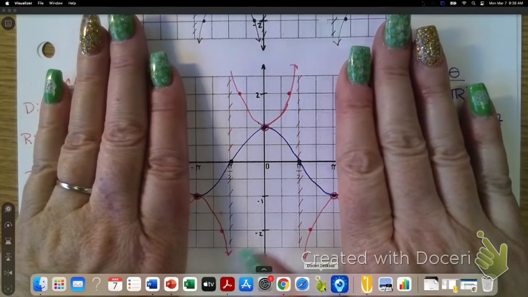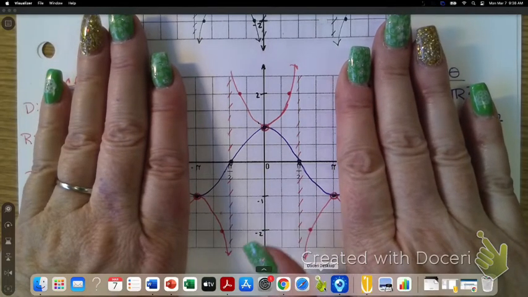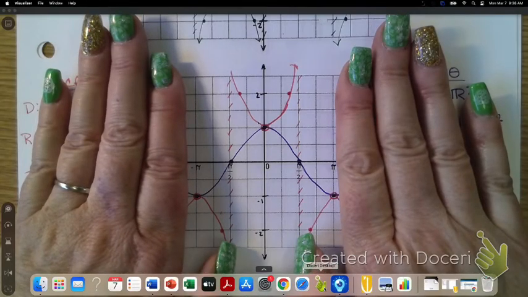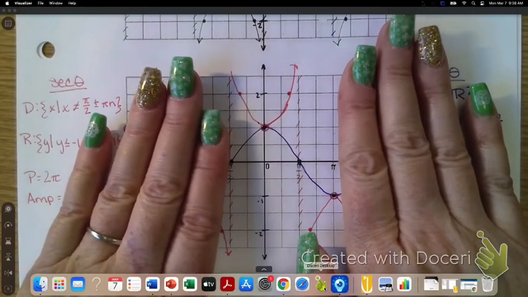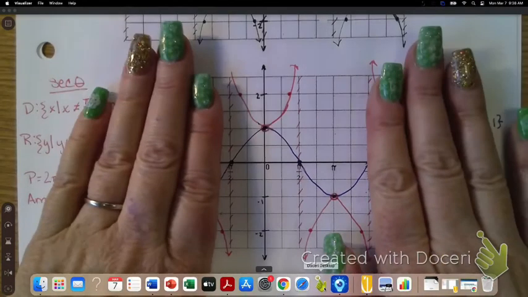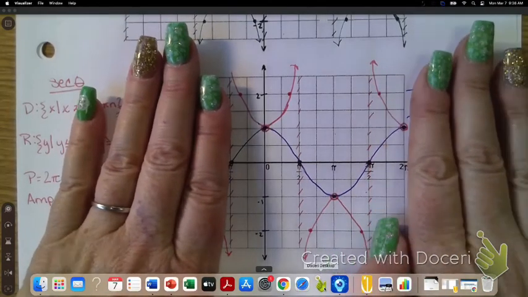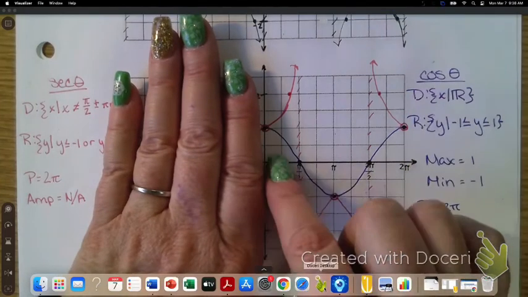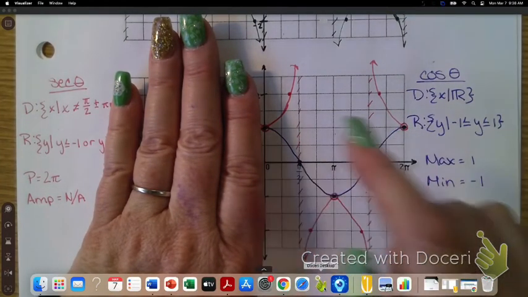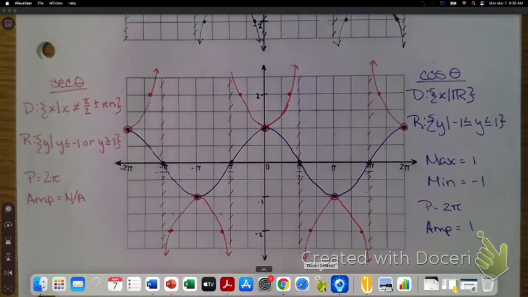Do I have all the positives? Yes. Do I have all the negatives? Yes, I just have them in 2 different spots. I like to do consecutive. I like to go from here to here. But I show this one because you clearly see the cosine curve in it.